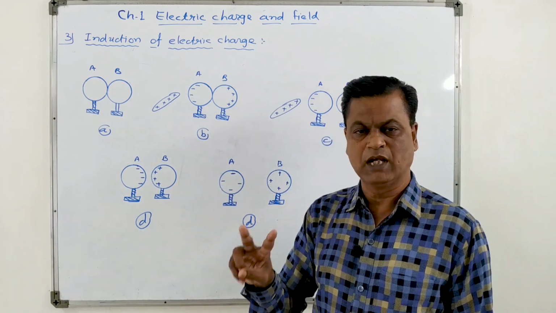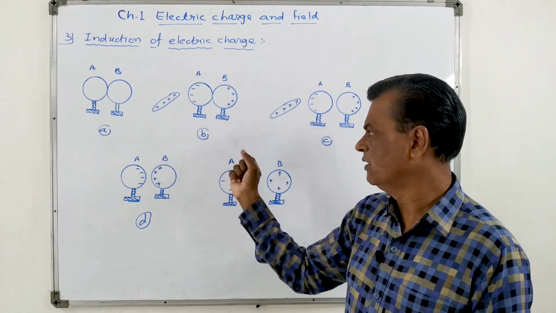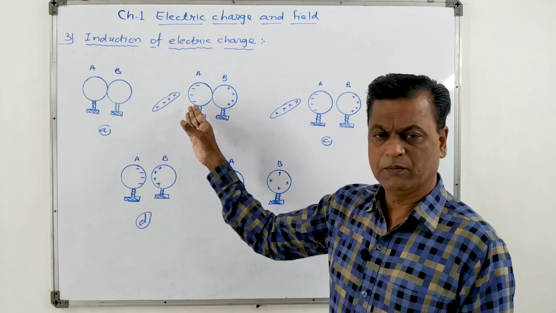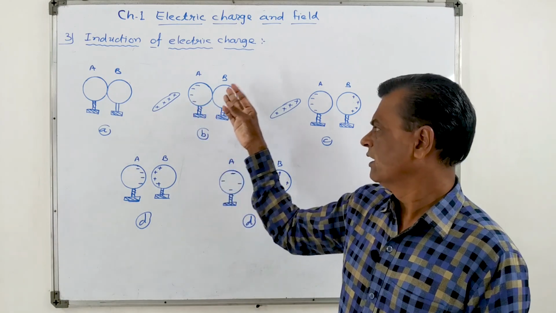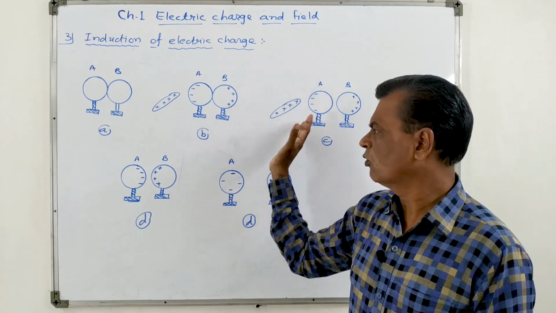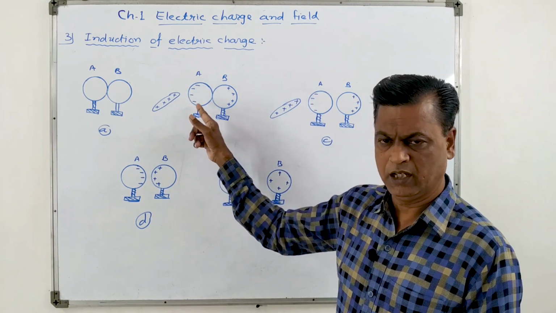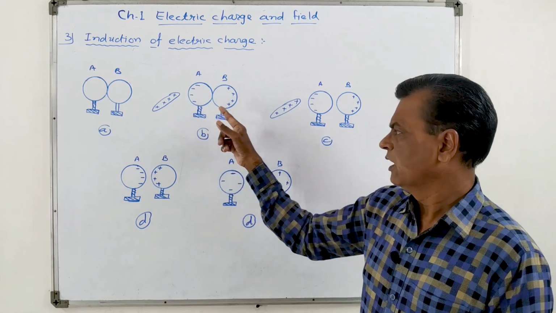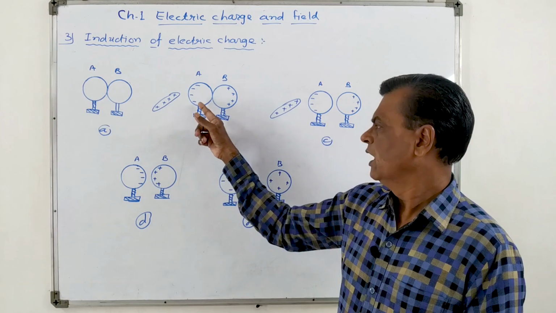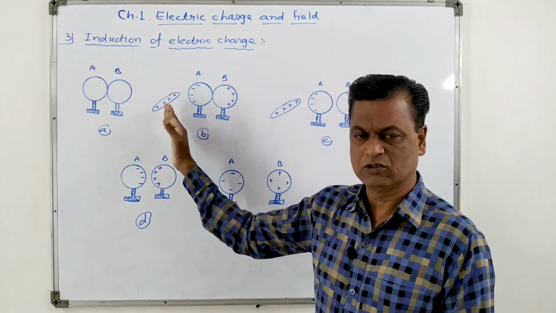So two kinds of charge are bound on the surfaces of spheres A and B. Here the left surface of sphere A possesses negative charge, and the right surface of sphere B possesses positive charge. Not all electrons are accumulated on the left surface of sphere A, because the electrons that start depositing on the left surface repel the other electrons which are attracted toward the glass rod.